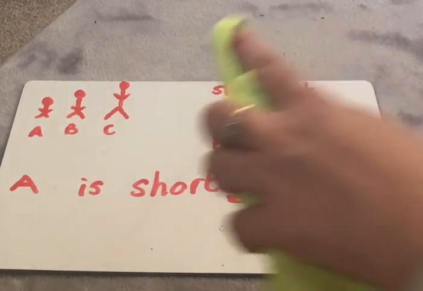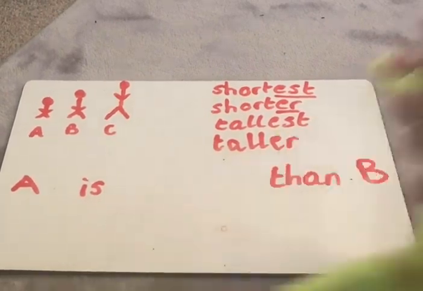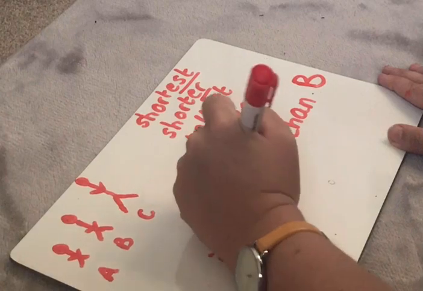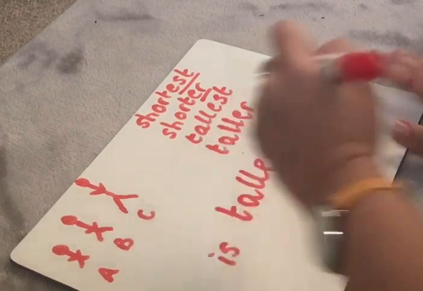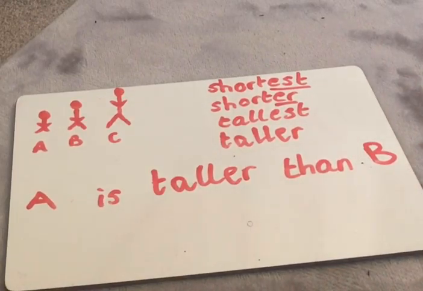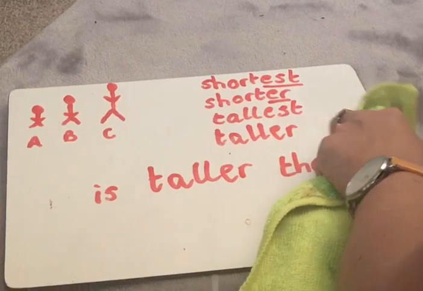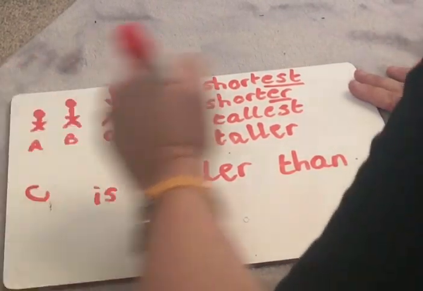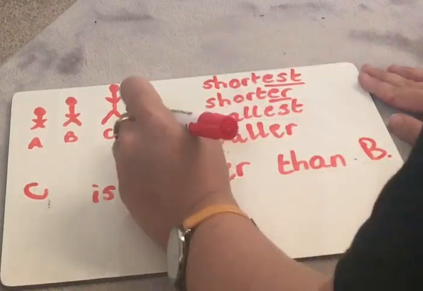And it's the same for using the word tall, that root word. What about taller? Now my sentence is definitely wrong there. A is not taller than B. So what could we do? C is taller than B, aren't they?